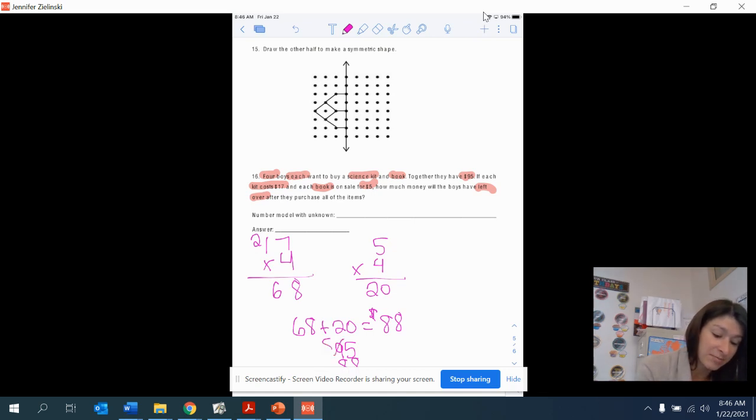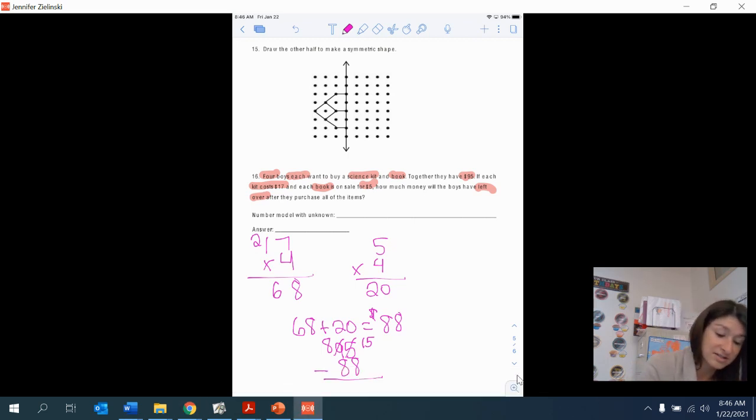I have to make sure that I borrow, and then I have to make this a 15, and I know that 15 minus 8 gets me 7, because 8 minus 8 gets me 0. So they will have $7 left over.